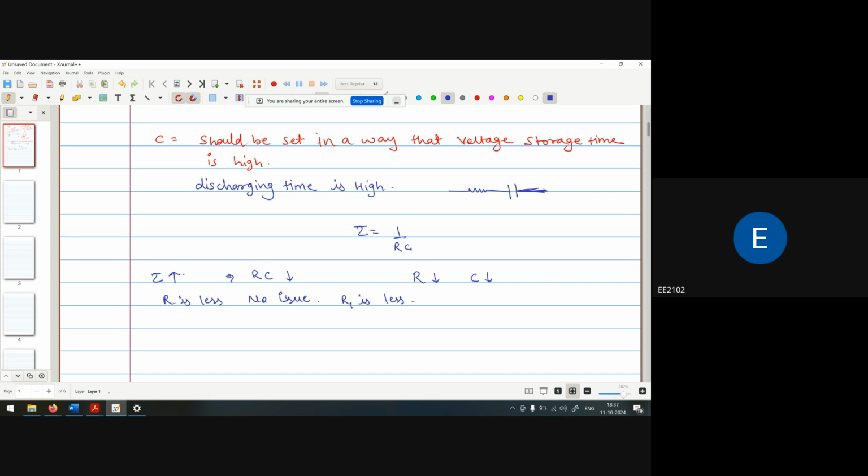The value of R1 is less, so for the operational amplifier, the voltage gain is either RF upon R1 for the case of inverting, or 1 plus RF upon R1 for the case of non-inverting.